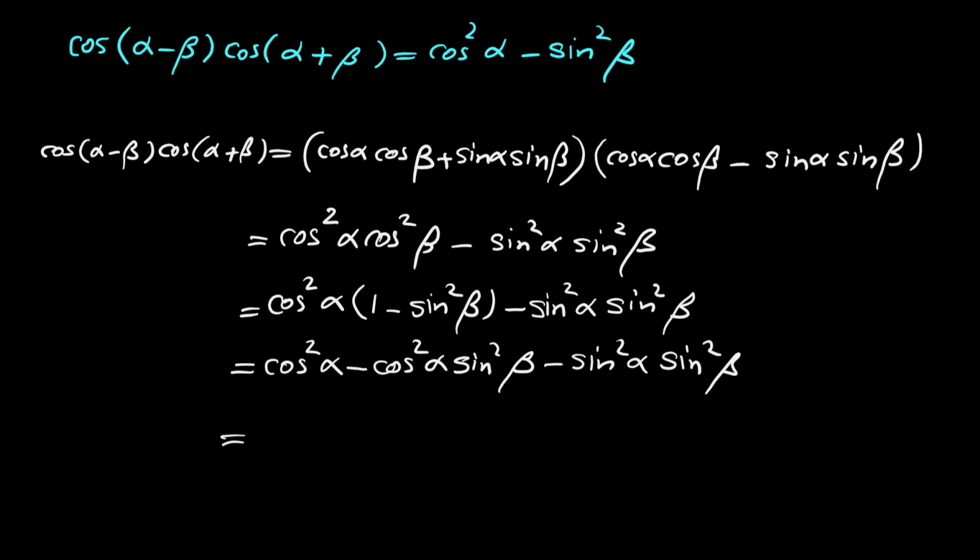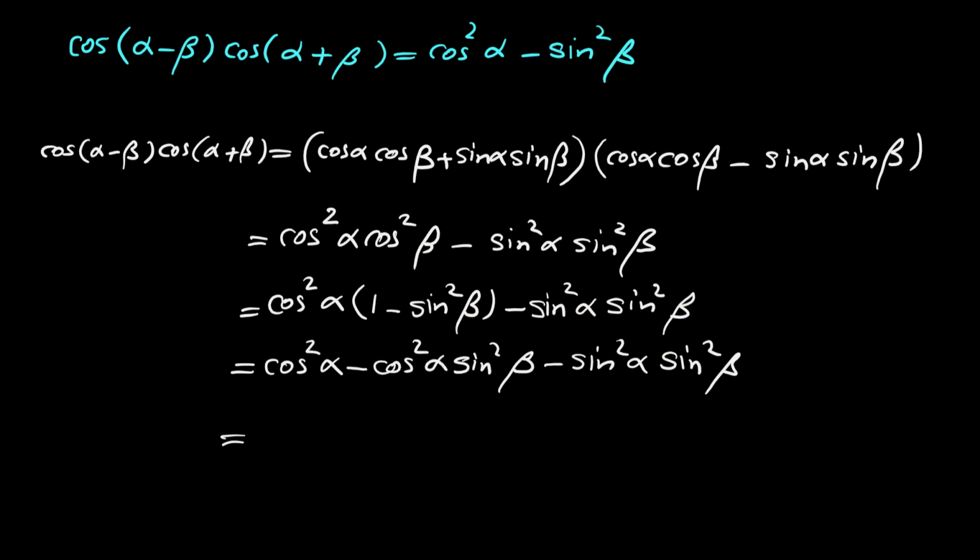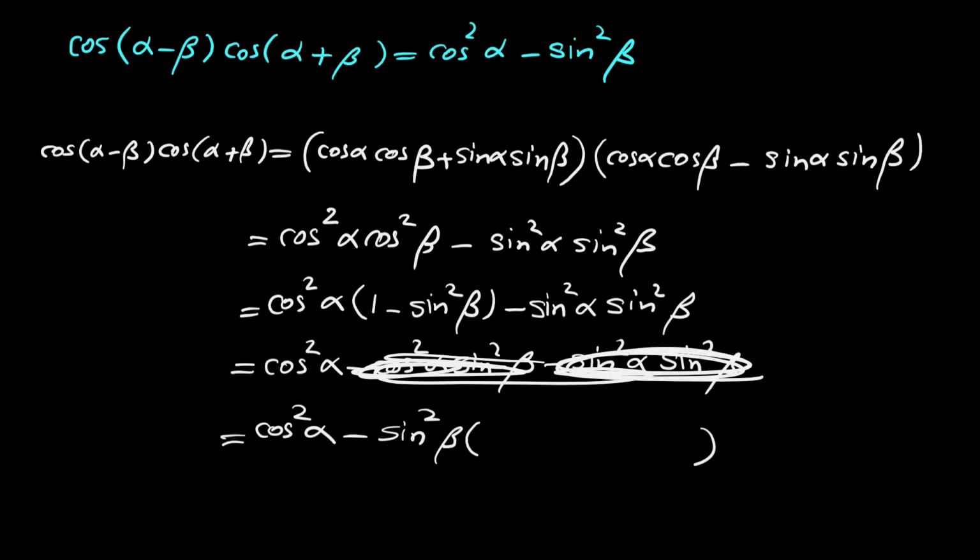If you pay attention, these two terms have this as a common factor. If we factor this from these two terms, then probably we can finish the proof of this identity. So we leave this term here, and we factor a negative sine to the 2 beta from this term and this term.